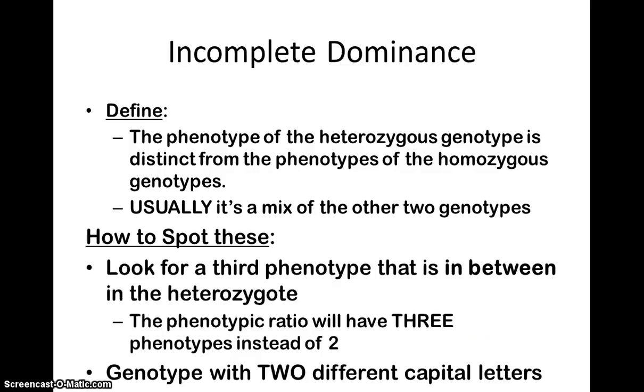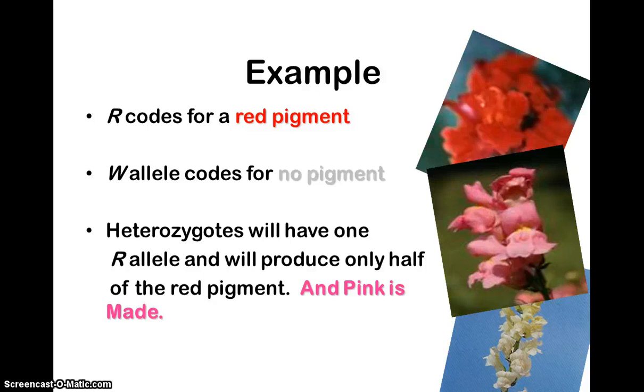And so what this will look like is you're really just looking for a phenotype that is a mix. So we're going to have 3 phenotypes instead of 2 like we had with autosomal recessive and dominant, and our third phenotype is going to be in between the other 2. So it's going to be a mix. And again, in this one, we will have a genotype with 2 different capital letters, but this should be our last one.